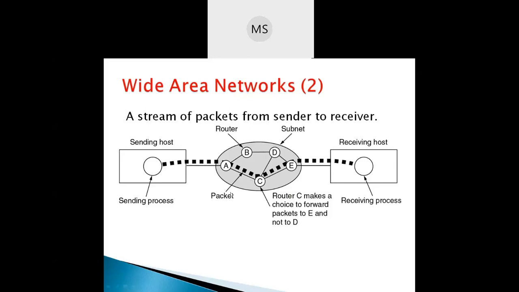This is what we call a wide area network. It consists of switching devices, which may be a router or a bridge, as well as transmission links. Each router will choose the route to be taken by the packet to reach the destination.